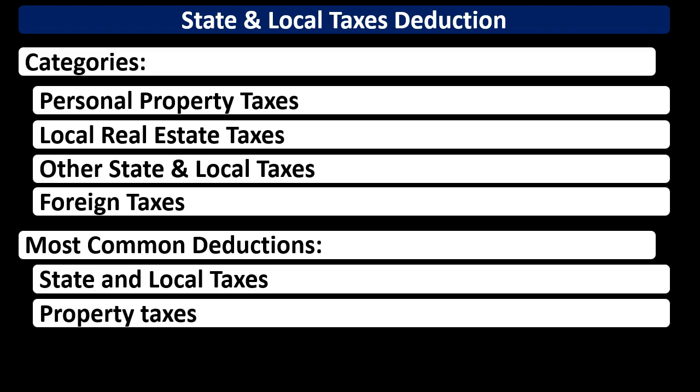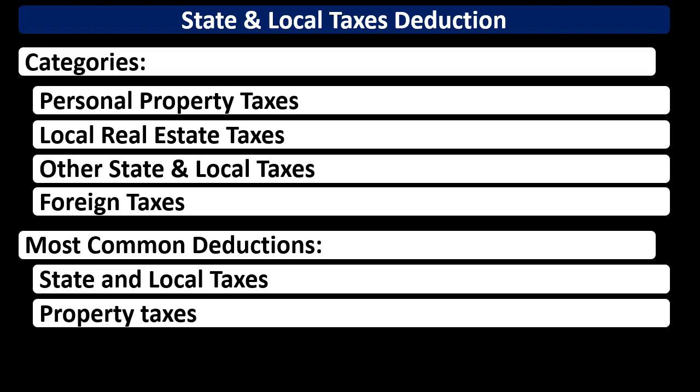So if we're in a state that has income tax for the state, when we file our taxes, then we have a federal tax return and a state tax return, and we'll typically be able to deduct the amount of payments to the state for federal taxes if we're itemizing as a state and local tax. If we're in an area that does not have a state income tax, then they probably have sales tax, and so we'll be able to deduct the sales tax. That's typically how that will work out.